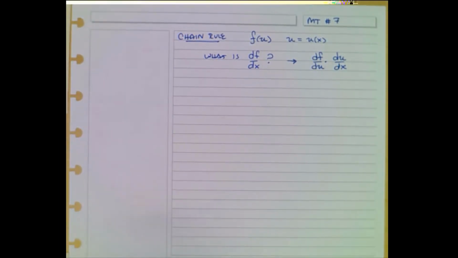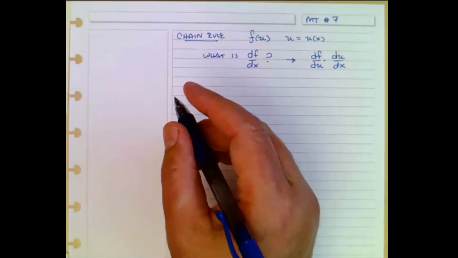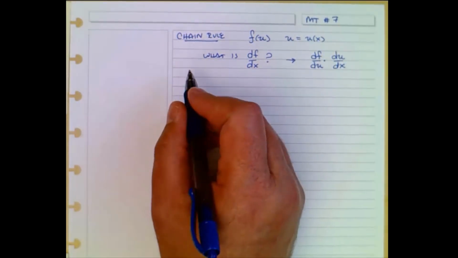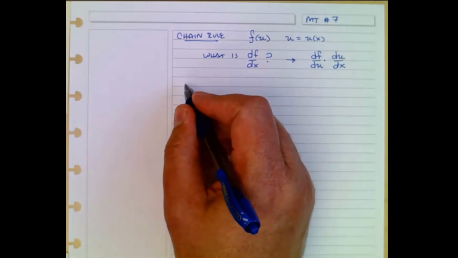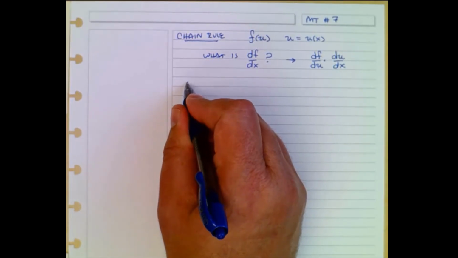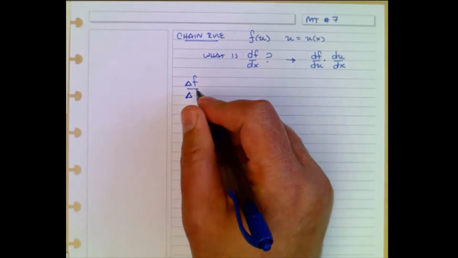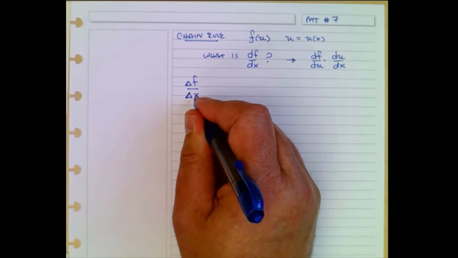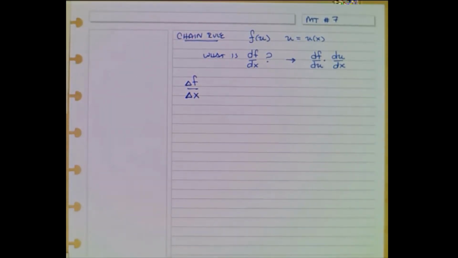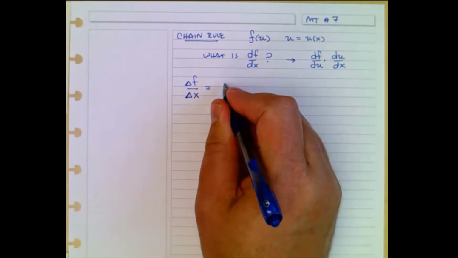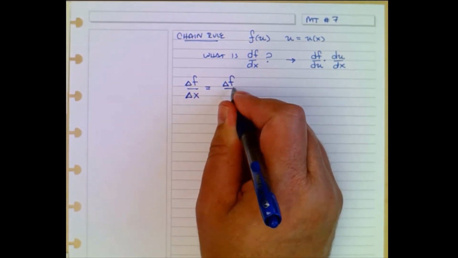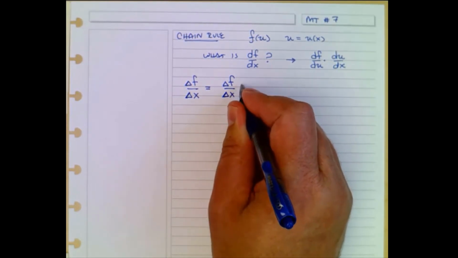Again, it maybe kind of looks like it makes sense, but I want to give more than a hand-wavy explanation for this. So if we start with something that we understand in finite terms, a change in f as a ratio to the change in x, simple algebra allows me to insert top and bottom a delta u.